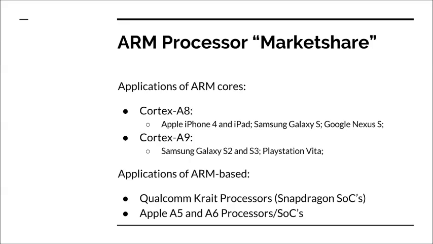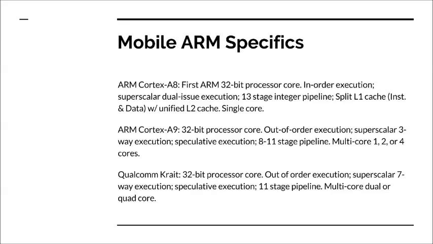But then the Qualcomm Krait processor was made as an ARM-based processor, and it's featured in their Snapdragon system on chips, which is extremely popular in phones recently. And Apple moved on to an ARM-based processor rather than directly using ARM's cores.